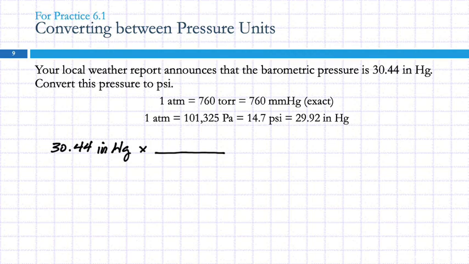So I want to find pressure in PSI. And so I'm going to divide by the unit that I have, inches of mercury. Then I go to the table and I see, well, how are those related? Well, 29.92 inches of mercury is equal to 14.7 PSI.